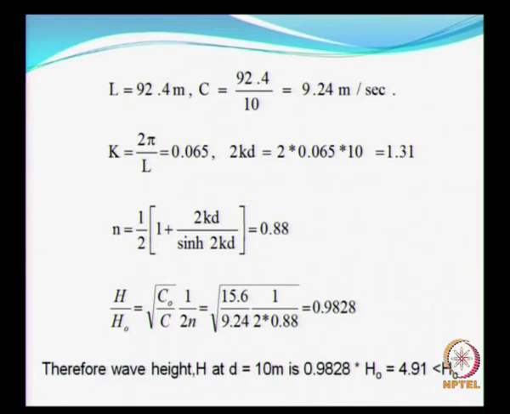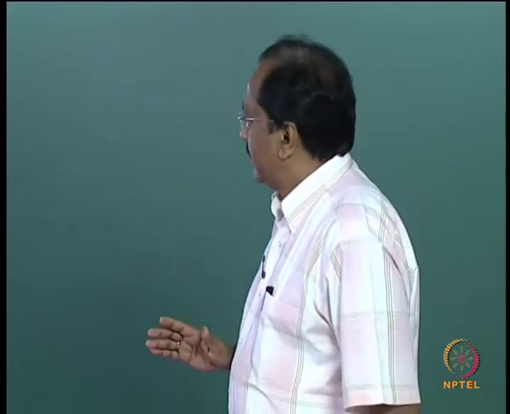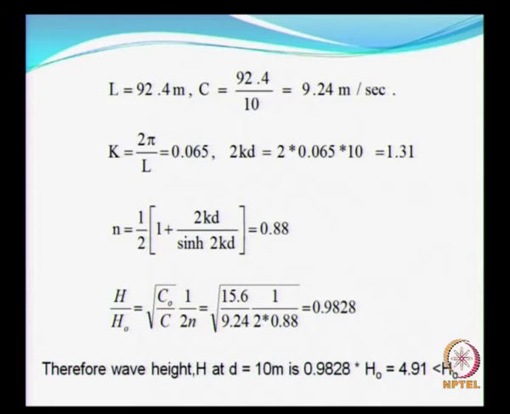Once this is known, since the bottom depth contours are parallel to each other, we are now considering only the phenomenon of shoaling. So straight away use this equation, which we have already proved by equating the power in the deep waters to the power in the shallow waters.